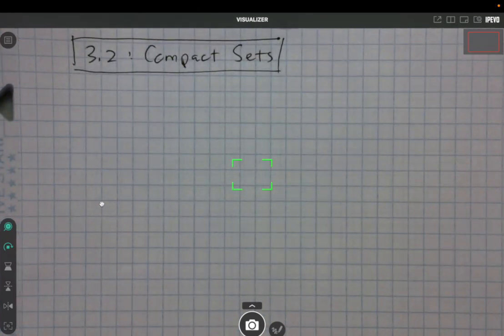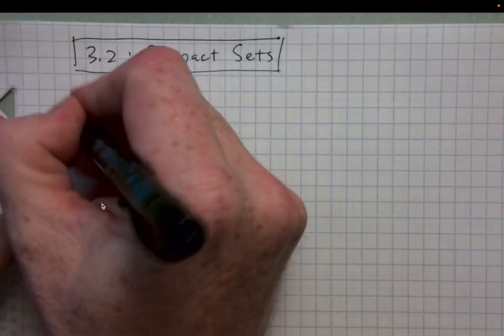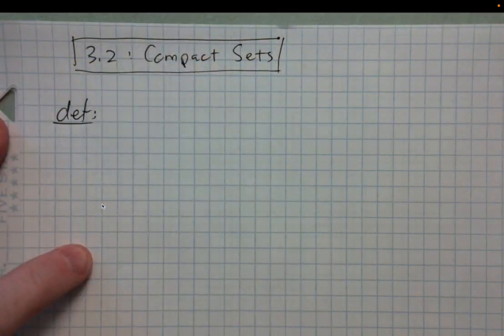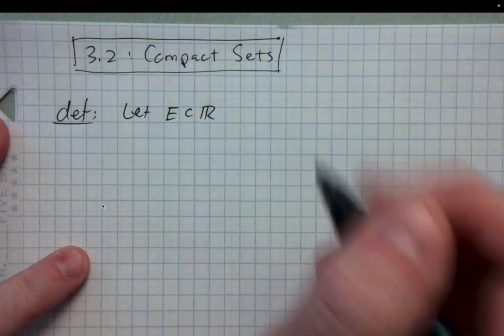Okay, and so we'll just start with a couple of definitions. The first definition we need is what's called an open cover. So definition: let E be a subset of the real numbers.